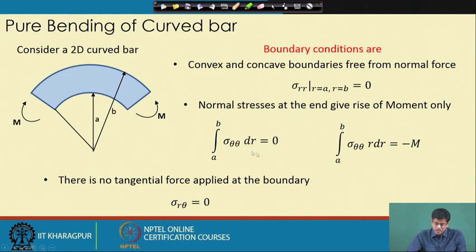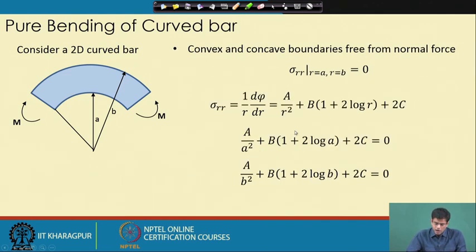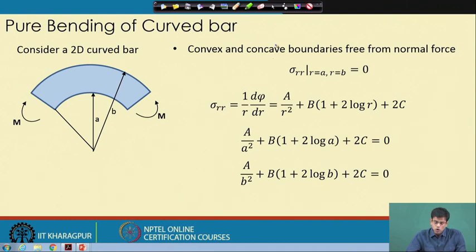Now, from the first two boundary conditions, we have to find the four constants A, B, C, D. So, let us see, the first boundary condition tells us that convex and concave boundaries are free from normal forces. That is, sigma rr at r equals a and r equals b has to be 0.